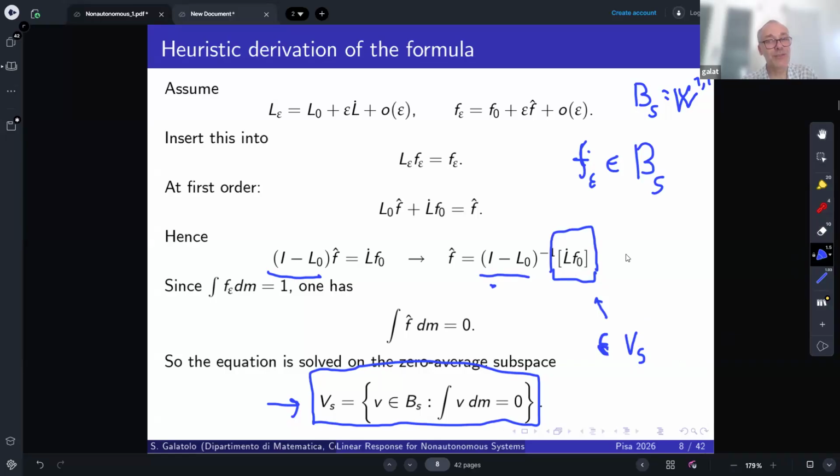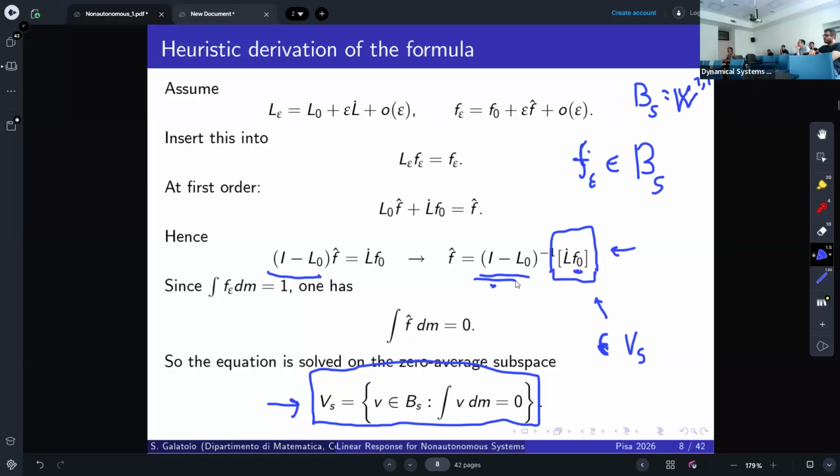To be put in this operator, its regularity must be enough, so it must be something which is in the strong space. And this is not for free; you need to prove some regularity. Because here there is a derivative, so you could start from f naught and lose one derivative, so you go into a less regular space and then the resolvent is not defined on this space. So here you need some attention to make things work. Okay, this is just a general remark, but we will see.